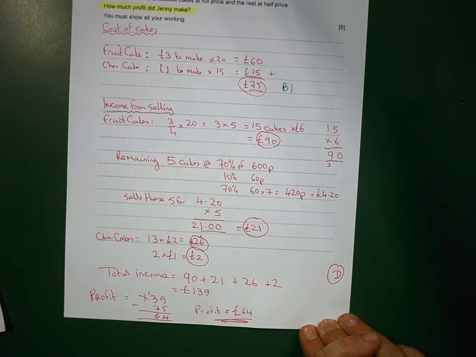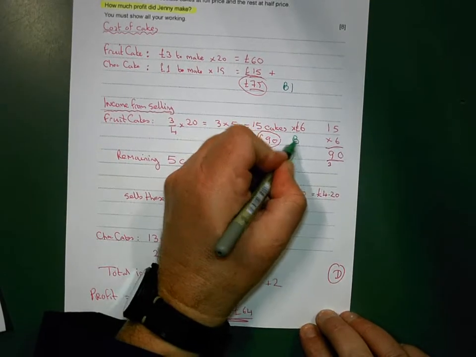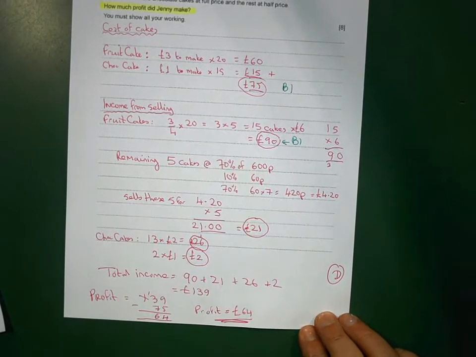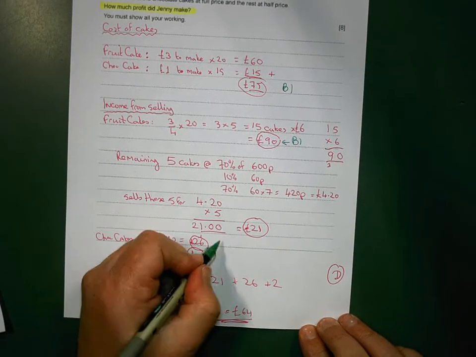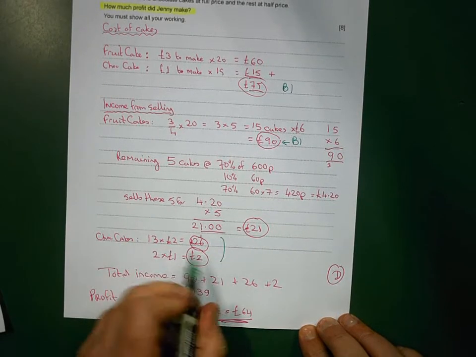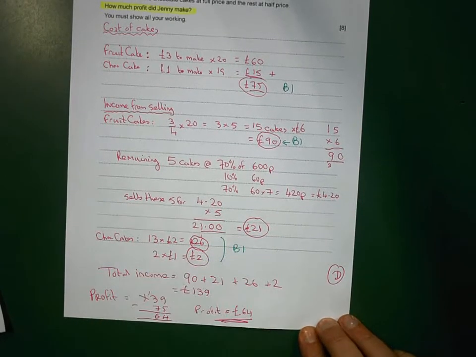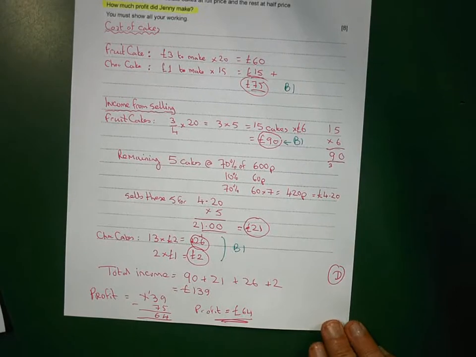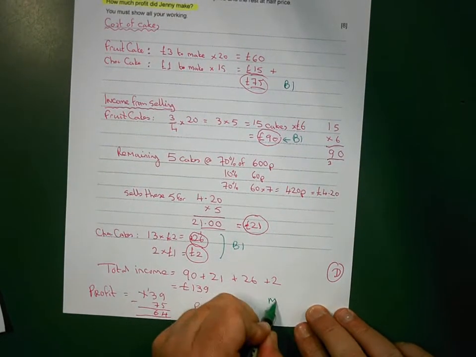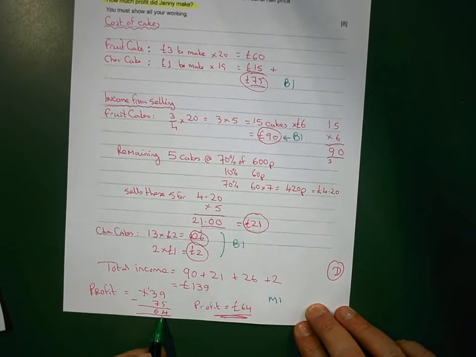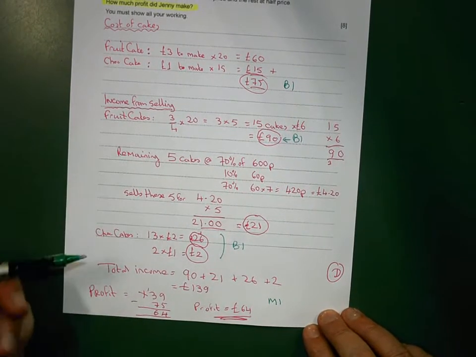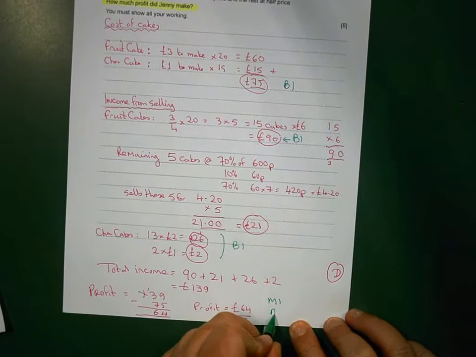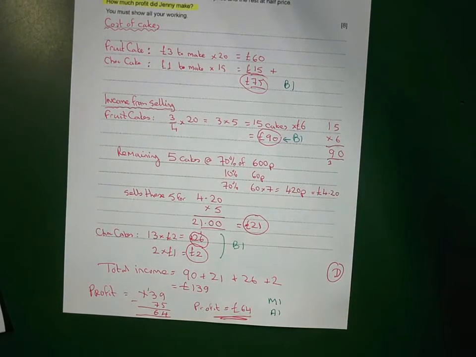Then there's a mark for the £90. A mark down here for the £28 for the chocolate cake. And then a method for finding the profit, difference between outgoings and income, and an answer for £64.